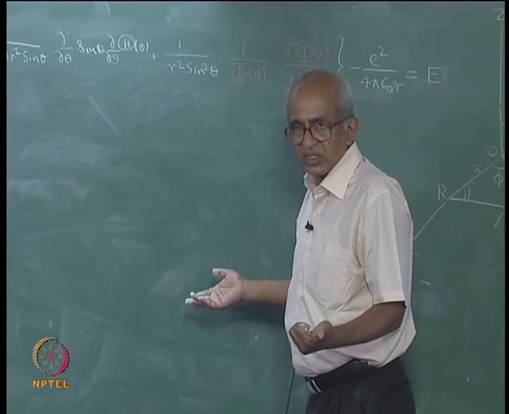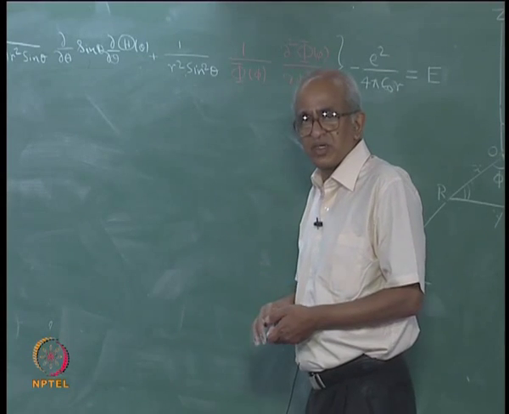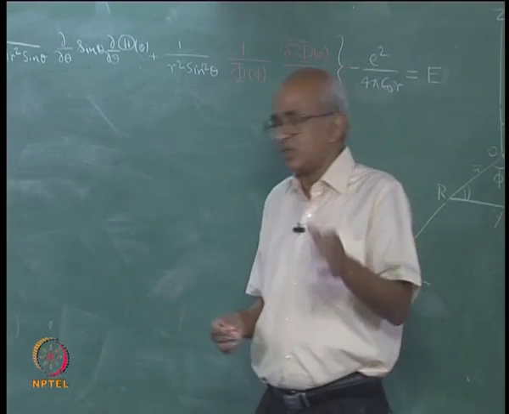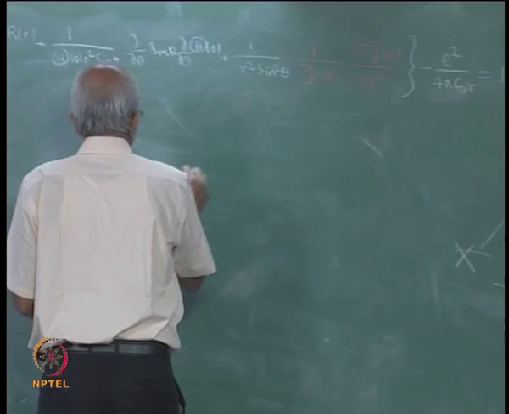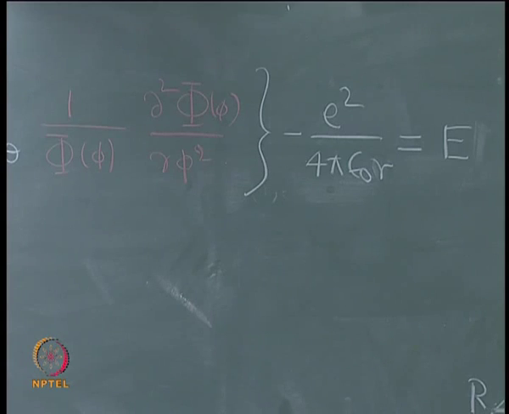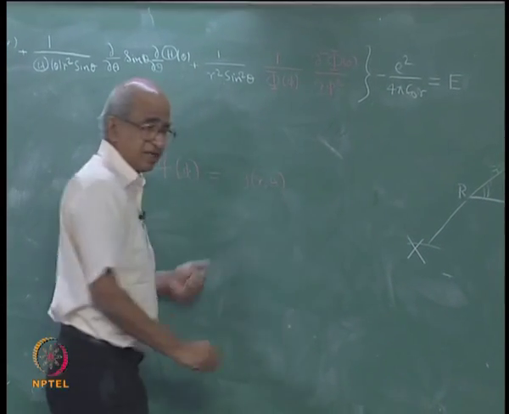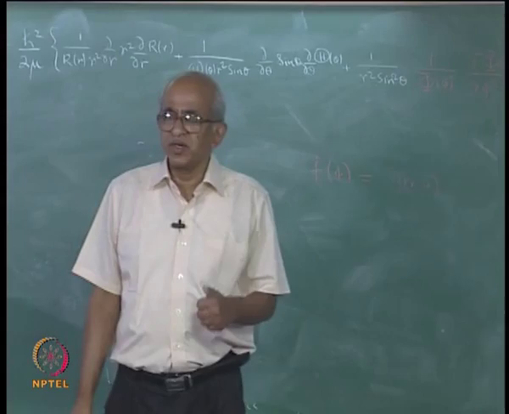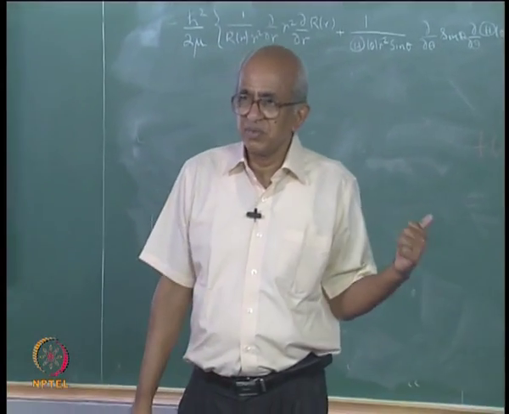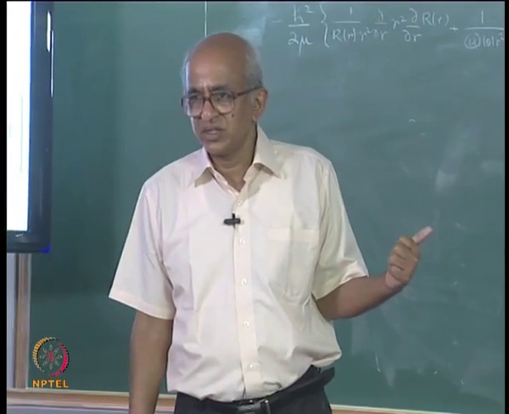And whenever you have such an equation, we know that on the left hand side you have a function of phi, and on the right hand side you have some function of r and theta, and if such a thing is to be satisfied, both of them must be equal to a constant.